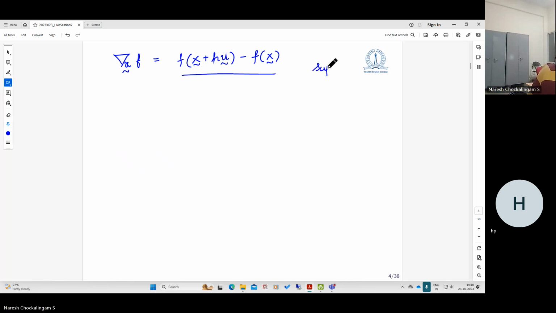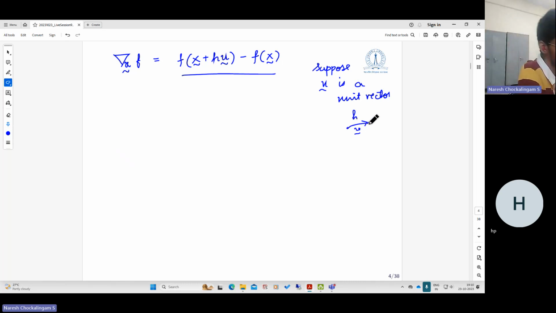Suppose u is a unit vector. Then the magnitude of u is just 1, so the magnitude of h u is just h, in the limit h tends to 0.